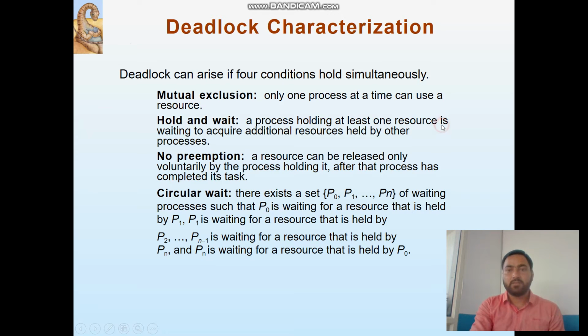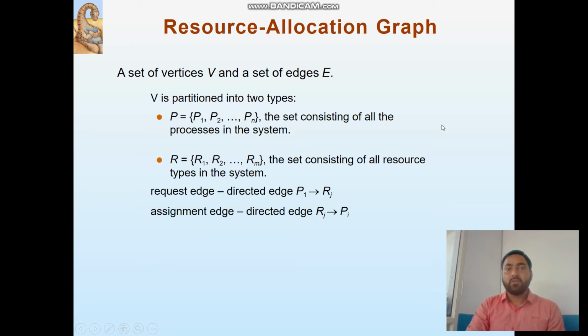Then we have a concept called the resource allocation graph. Actually, a resource allocation graph is nothing but a graphical representation of the system, its resources and its processes, and how they are working with each other.